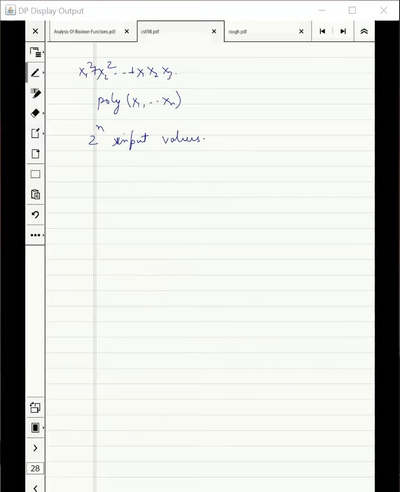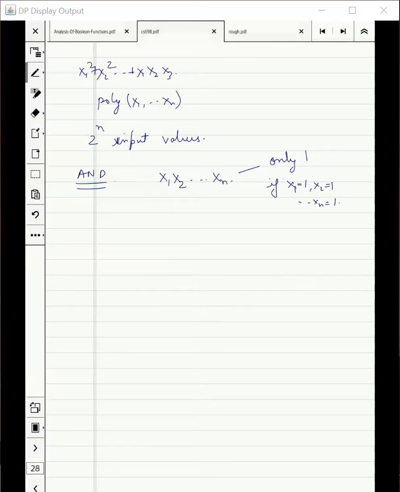So I want to represent AND like a polynomial. It's just the product of all xi. Very good. That was easy, right? x1, x2, ..., xn. If I look at this, this is only 1 if x1 equal to 1, x2 equal to 1, ..., xn equal to 1.